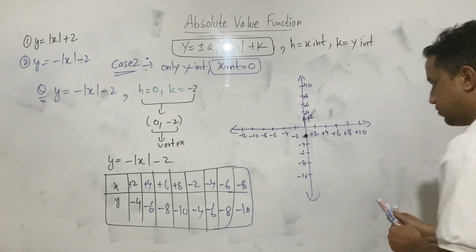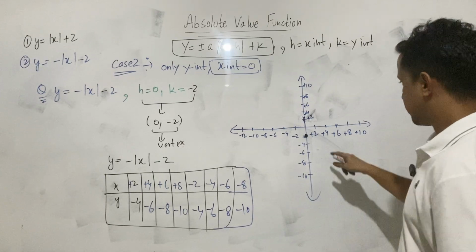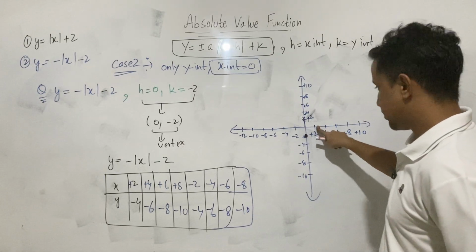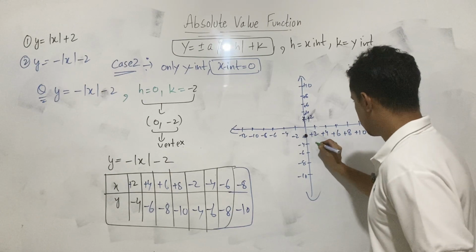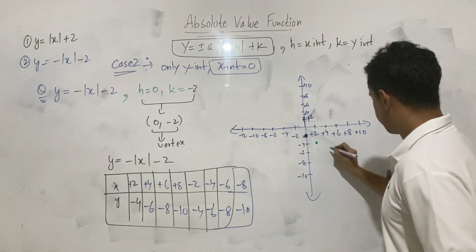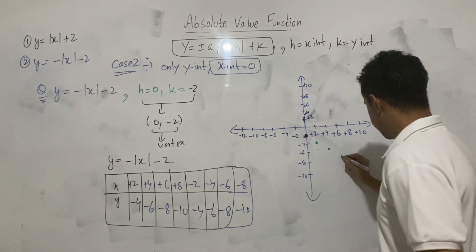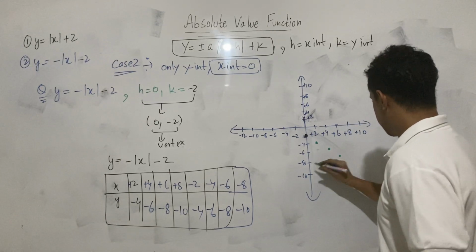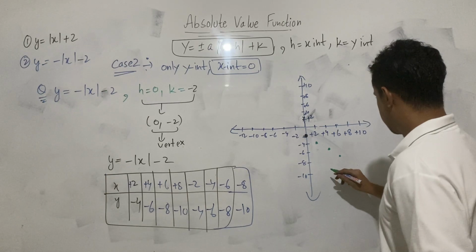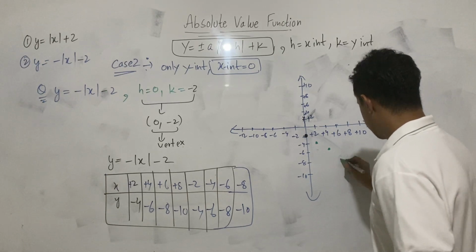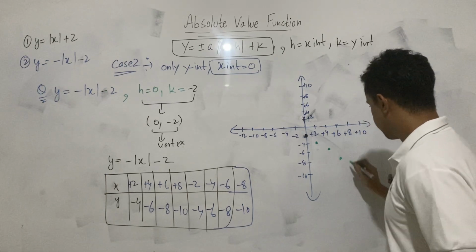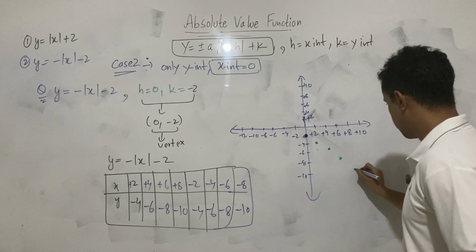Now let's see. So if I take my positive 2, minus 4, 4, minus 6, 6, minus 8, 8, minus 10 here.